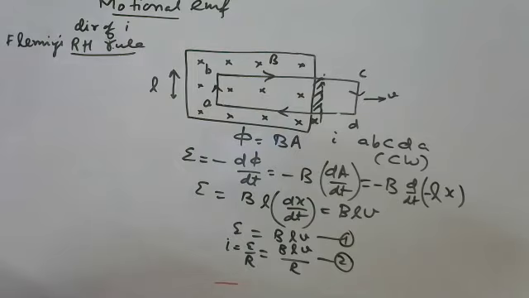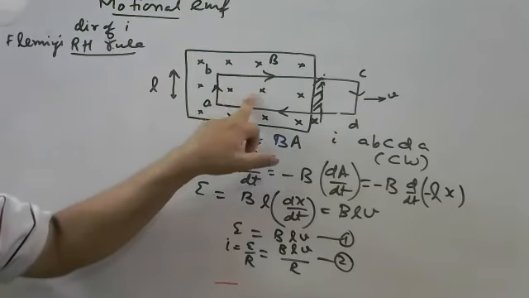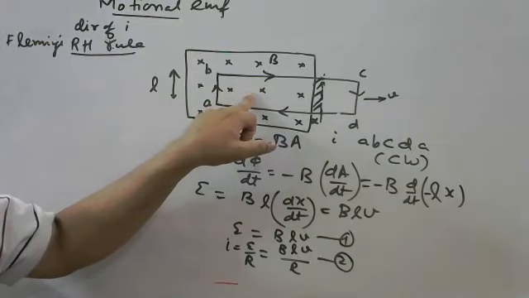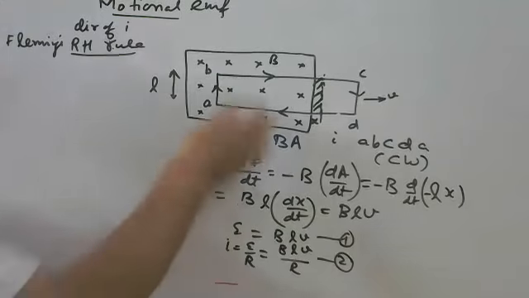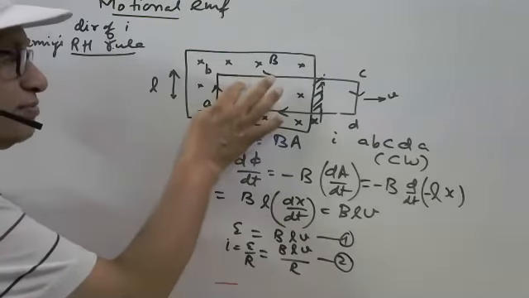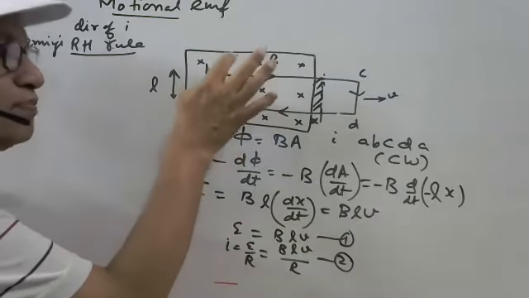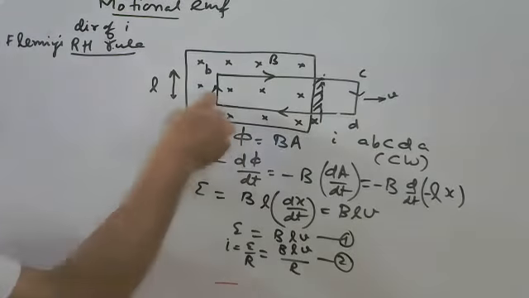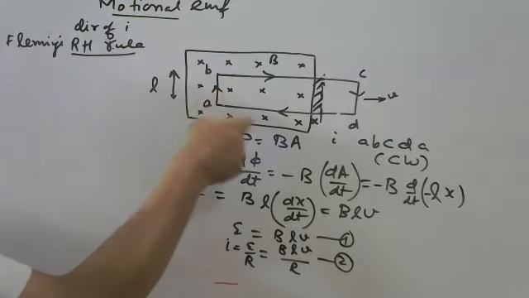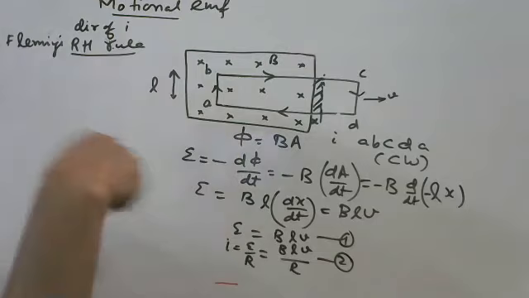What is the support here? Action is opposed. Don't confuse, I am taking the supporting of the magnetic field. Action is opposed: this is decreasing, it should not decrease. So here initially the direction of magnetic field was inward. It is decreasing, so the magnetic field developed by the induced current should support.